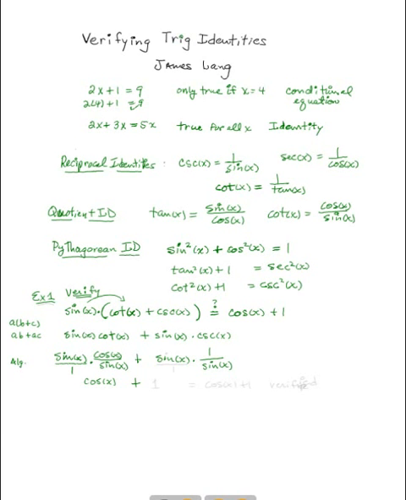And then in the next one, it's the same idea. The sine can be thought of as the sine of x over 1. And then when you multiply it by 1 over the sine of x, you have sine of x over sine of x, which is just 1. So cosine of x plus 1 is what we've arrived at, and that is the right-hand side. So at this point, this equals the right-hand side, cosine of x plus 1, and we have verified the identity.